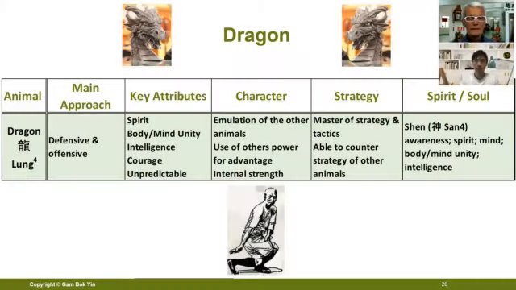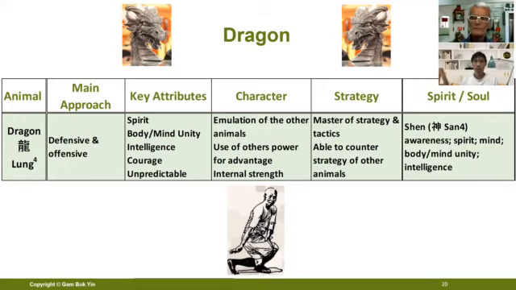Let's look at the dragon here. The main approach, and by the way, I've given these categories as a way of describing the animal. So the main approach to me of the dragon is both defensive and offensive. The dragon has the ability to be both.